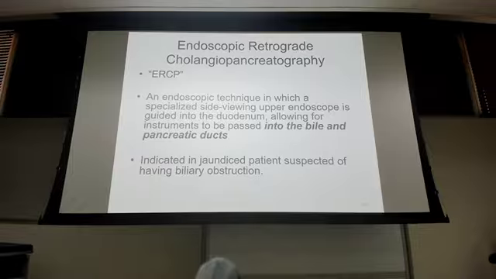So if you suspect biliary obstruction based on signs and symptoms in a jaundiced patient, we can order the ERCP, and the GI doc is going to go in through the mouth, down into the small intestine, and then get into the bile and pancreatic ducts and see if there's an obstruction that they can unobstruct while in there. Also into the gallbladder proper. I didn't say that. So bile ducts, pancreatic ducts, and gallbladder proper.